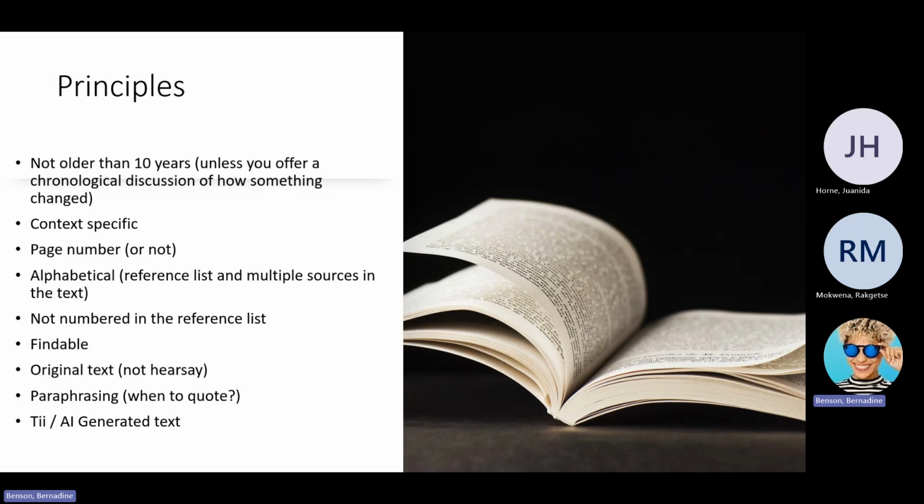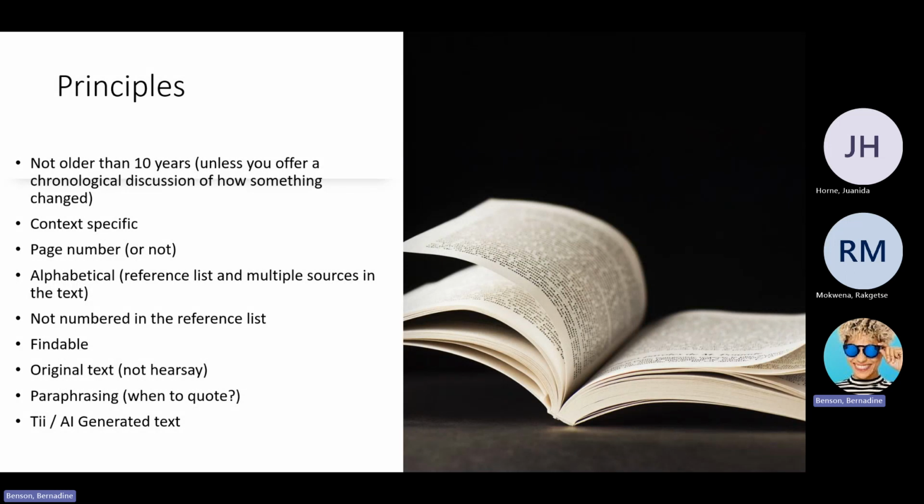When you do your reference list, the reference list must be arranged alphabetically in terms of the surname of the first author. If you are referring to several sources in the text, let's say, for example, I want to say in the past 10 years, several research articles have been published that dealt with gender-based violence, and I'm using, let's say, Horn, I'm using Pillay, and I'm using Albuquerque.